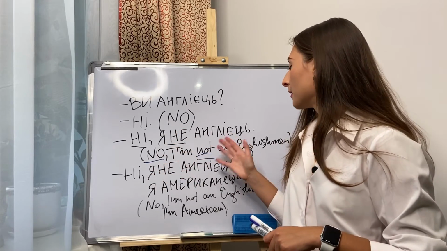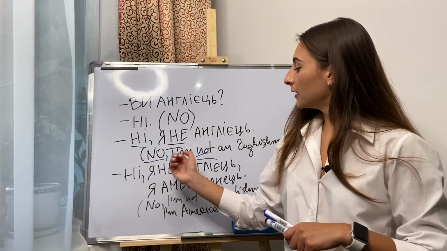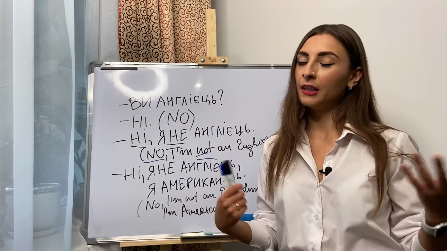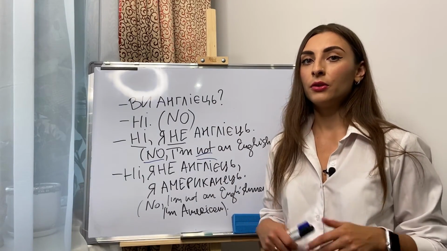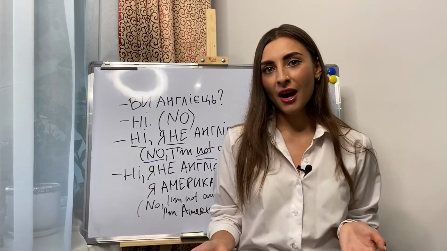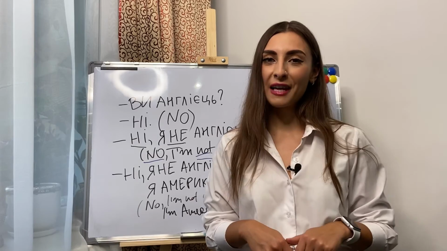No, I'm not an Englishman. Ні, я не англієць, я американець. No, I'm not an Englishman, I'm American. Or you just say, ні, я американець. No, I'm American. Ось так.